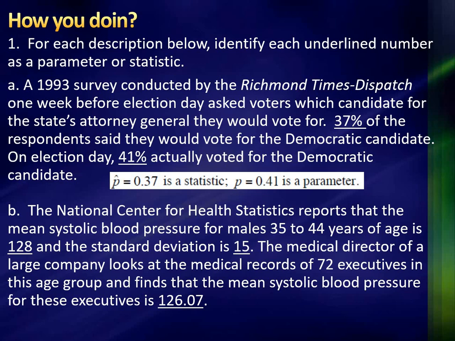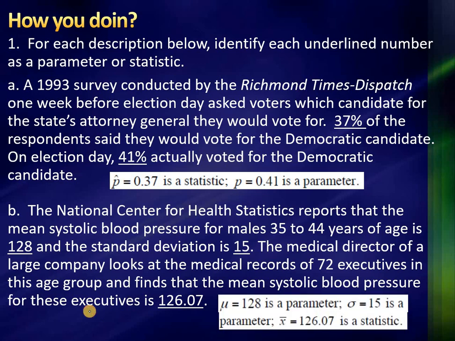128 and 15. Because that's what I believe is true about everybody. But then they tell me that I have a sample of only 72 executives. That's my sample size. So the number that comes from that is my statistic, sample statistic.